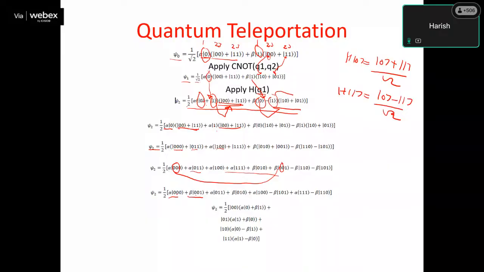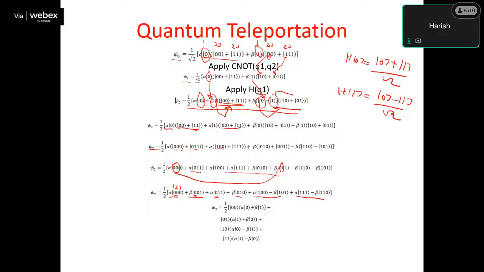We just want to bring together the terms which are the same for the first two qubits, q1 and q2. Remember it is the first qubit, second qubit, and third qubit. So we want the first and second qubits to be the same, so here 00, there 00. In the same way we bring together the two terms whose first two qubits are 01. Likewise 10, and then 11 we take together.